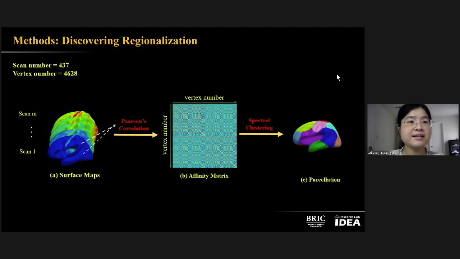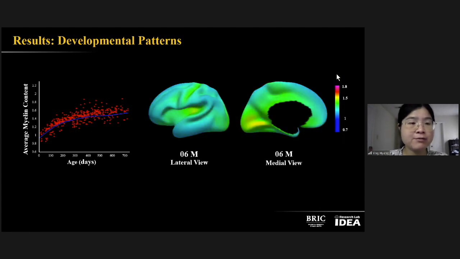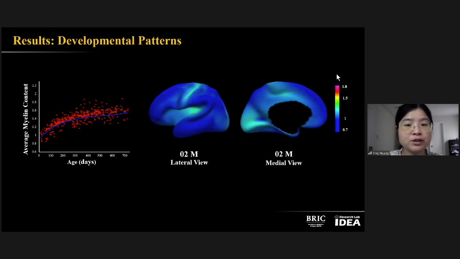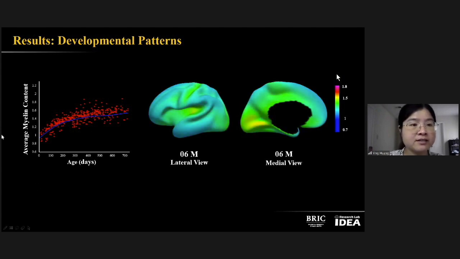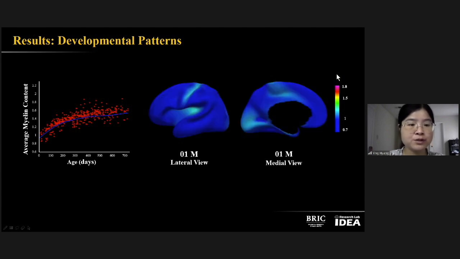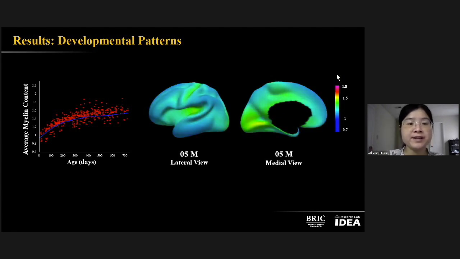Now, let's see the results of our research. Overall, the myelin map appears bilaterally symmetric, so we just present the results on the left hemisphere. The red dots on the left figure show how average myelin content changes with age, while the blue curve is the developmental trajectory fitted by the generalized additive mixed model.